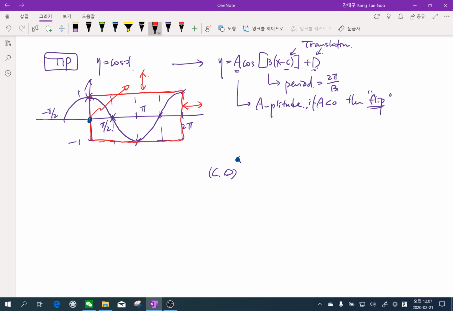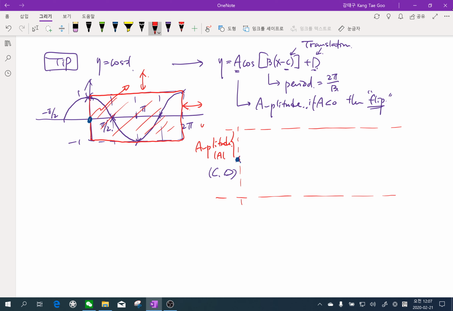From here you draw the left bound of the red box, and then the top side and the bottom side. This amount is your amplitude, the absolute value of a.